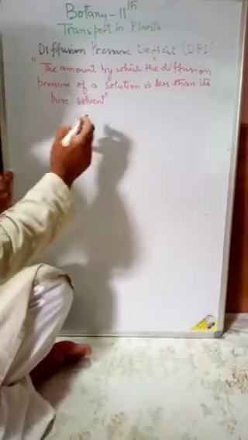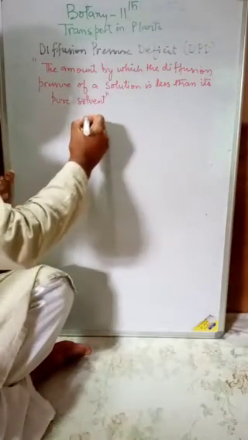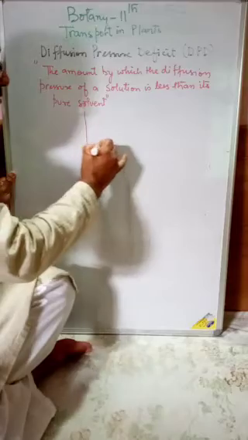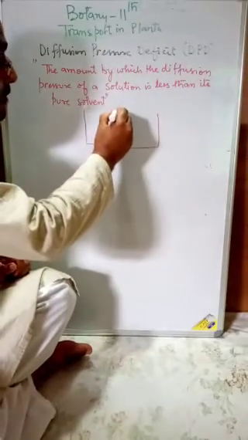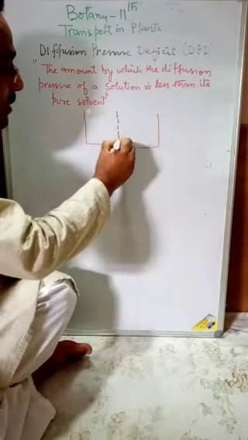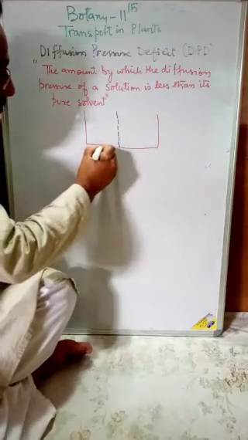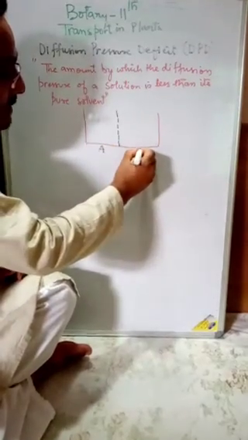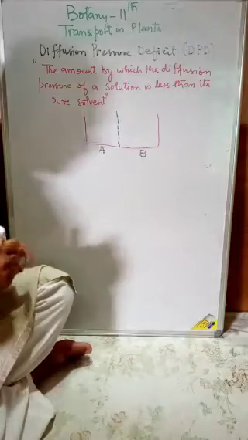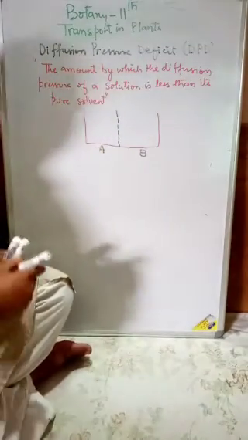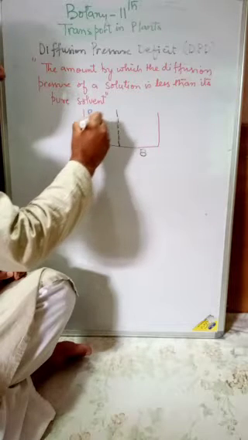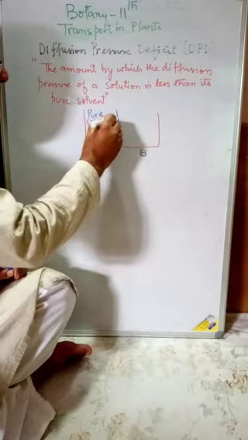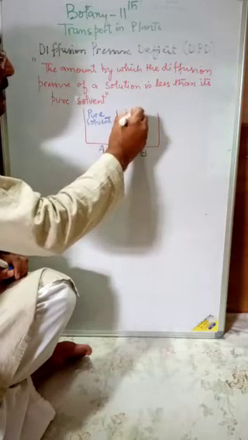In order to understand it, I will take you through an example. What we will see here, this is the semi-permeable membrane. Now, this is chamber A, this is chamber B. In chamber A, we have got the pure solvent and in B it is the solution.